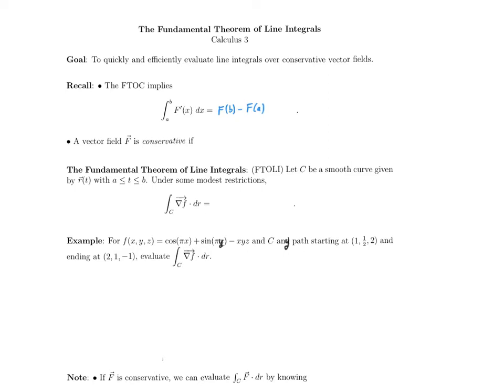Now, in order to use the fundamental theorem of line integrals, we will need a conservative vector field. So let me remind you that a vector field is conservative if big F is a gradient vector field. So just to repeat that, a vector field is conservative if it is a gradient vector field.